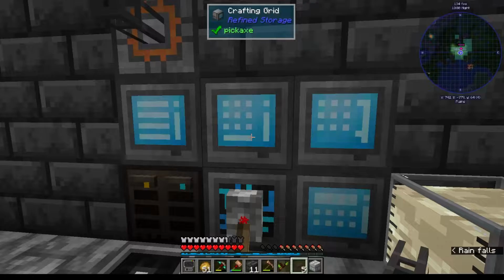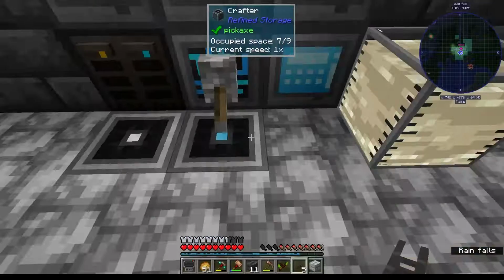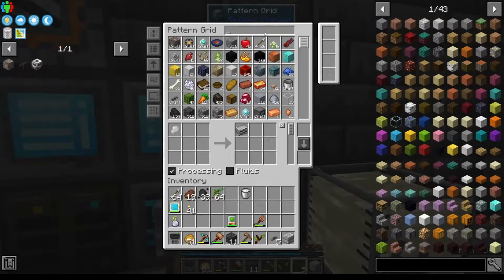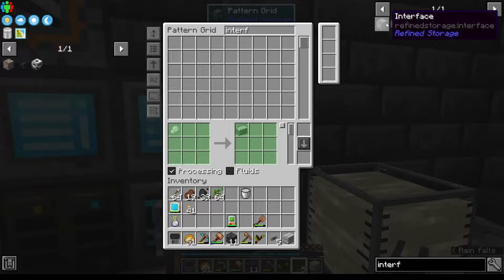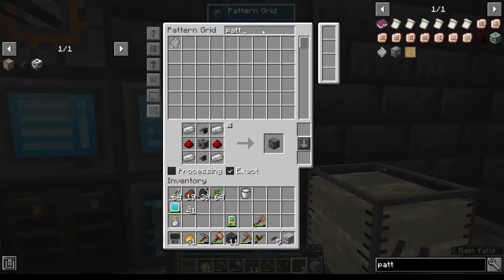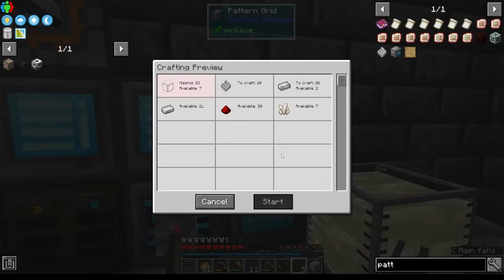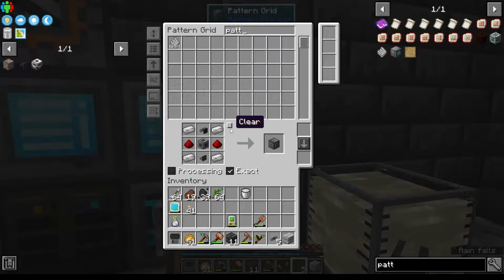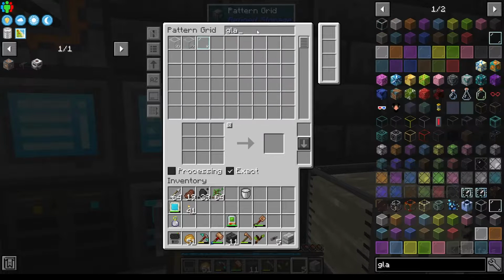So let's teach you how to make an interface. Wait, need more patterns to do that. You're missing glass. You don't have any available. Okay, that's fine. I can teach you how to make glass too.